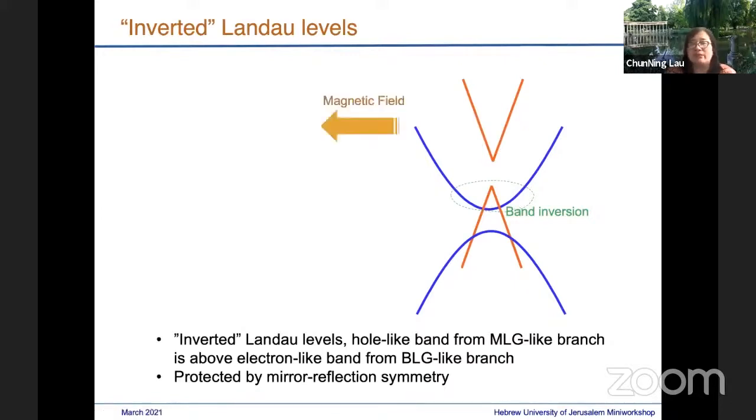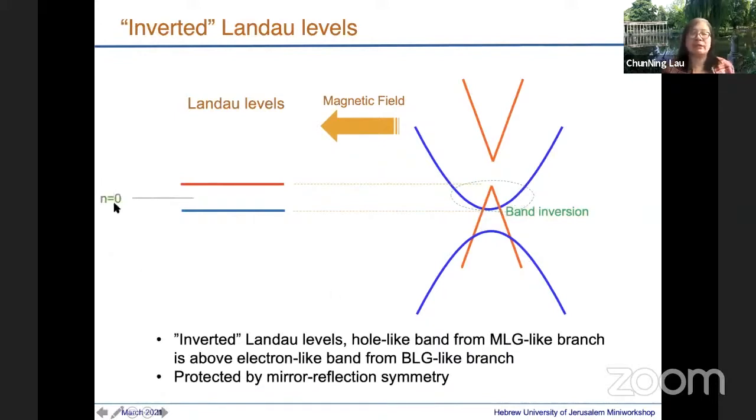And if we apply a magnetic field, this will give formation of Landau levels. Now the hole Landau levels are above the electron Landau levels, and they have different parity because they come from different branches. The charge neutrality point is between these two points.